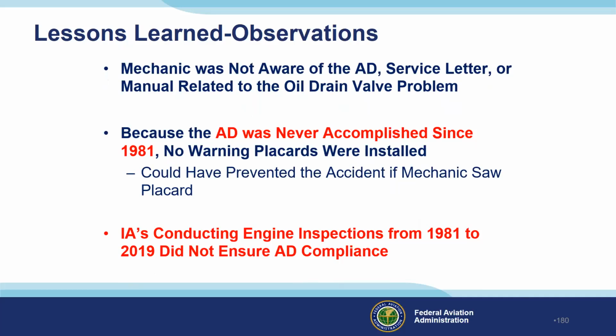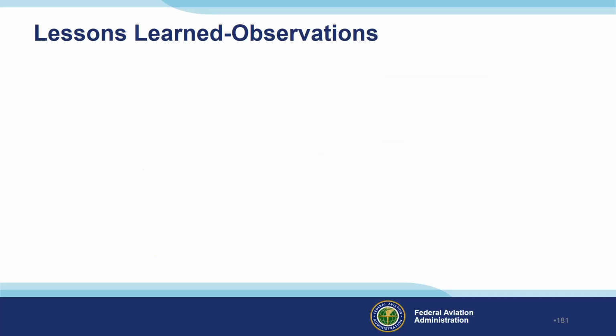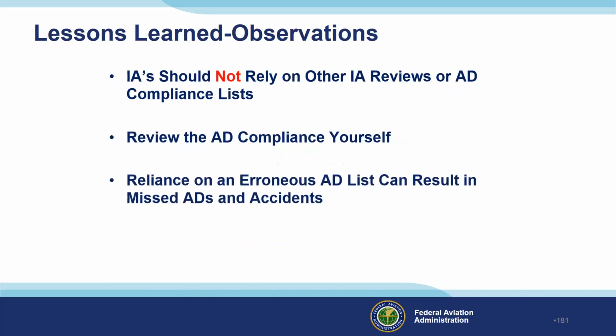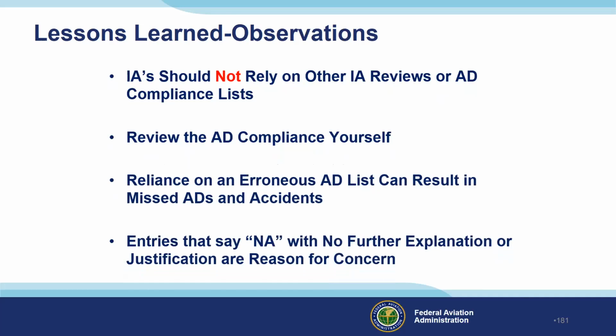So from 1981 to 2019, IAs conducting engine inspections did not ensure AD compliance. I think that's 38 years. Lessons learned: IA should not rely on another IA's review or AD compliance lists.